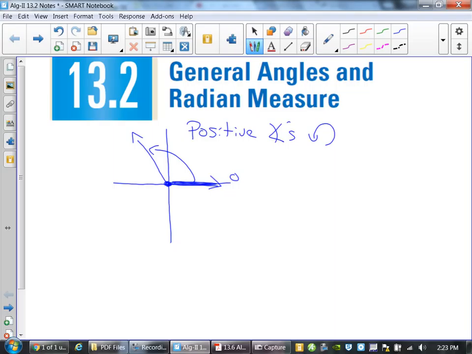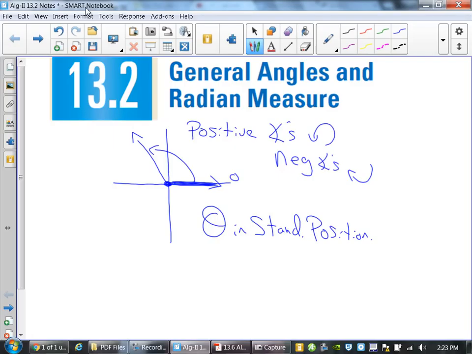Negative angles go the other way, clockwise. A couple things that they define: you have a theta in standard position, which means some angle has its vertex at the origin and what's called a terminal side. It's where the angle stops.